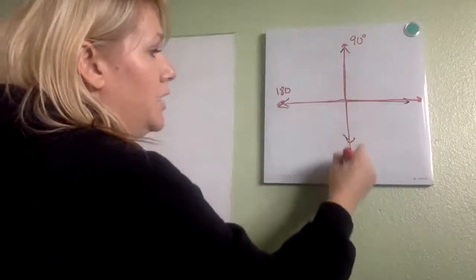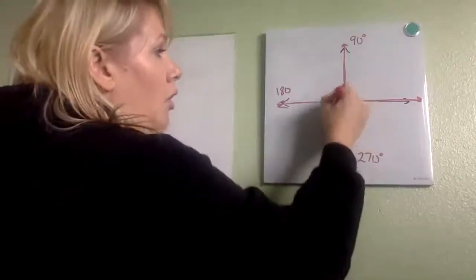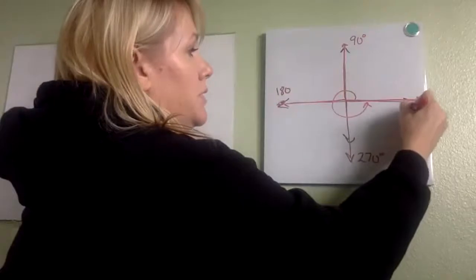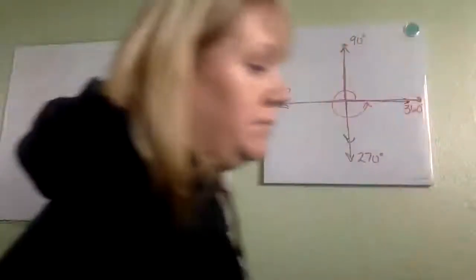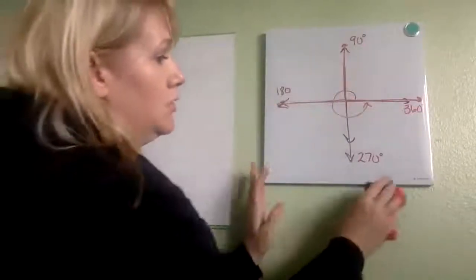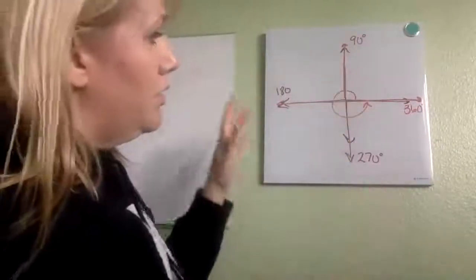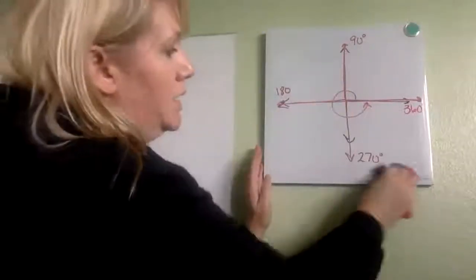If I open straight down, that would be 270. If I opened all the way around, 360. If that's not something that you intuitively knew, that's one of the things we talked about in the last example. So each of the quadrants is a 90-degree angle.